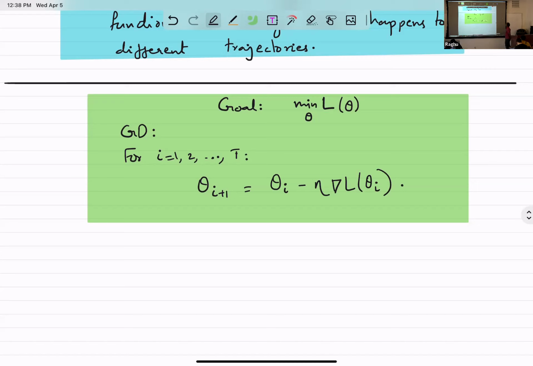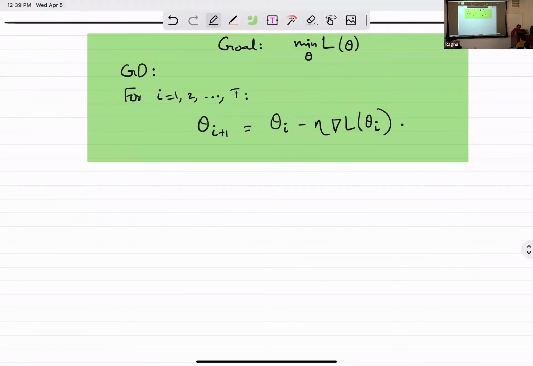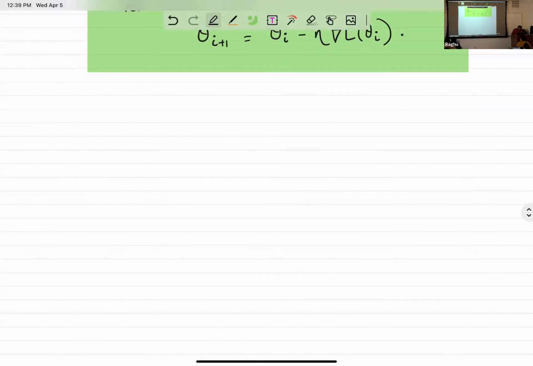And I want to do one change of notation. When we talked about ERM, we said the examples are x comma y and the parameters are theta, right? But once we start analyzing gradient descent, it becomes cumbersome to keep writing theta, theta, theta. Instead, x is an easier thing to have in the calculations.